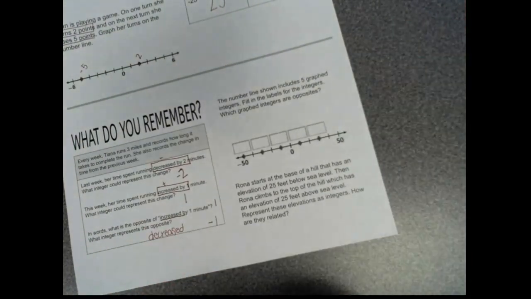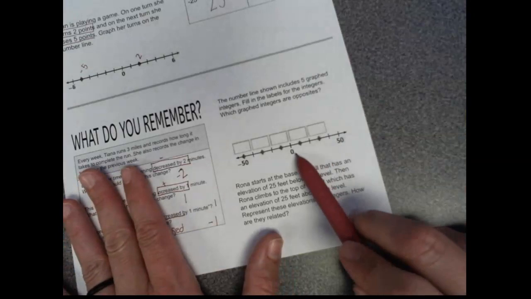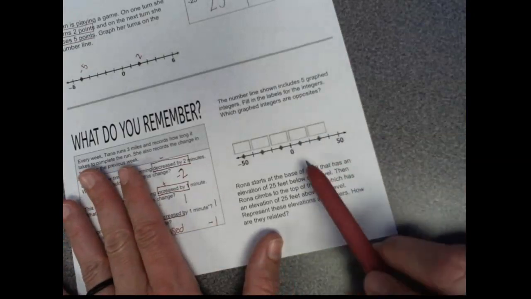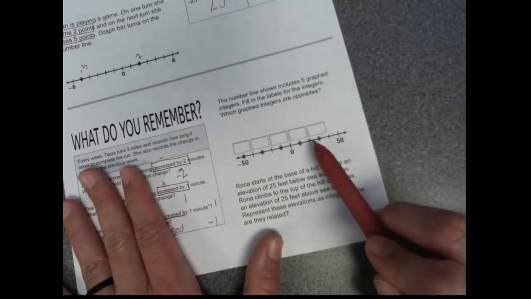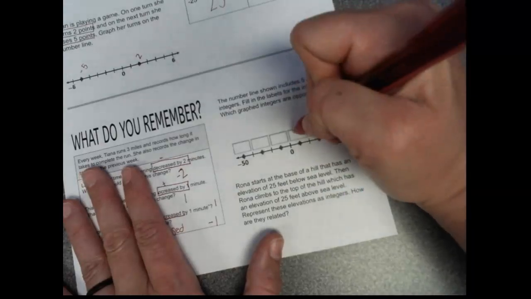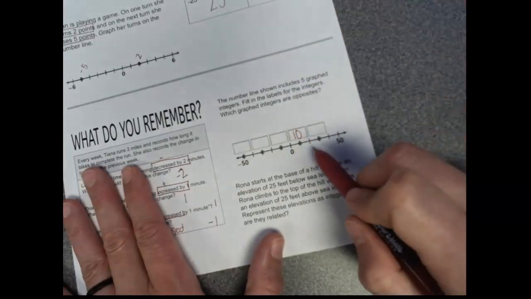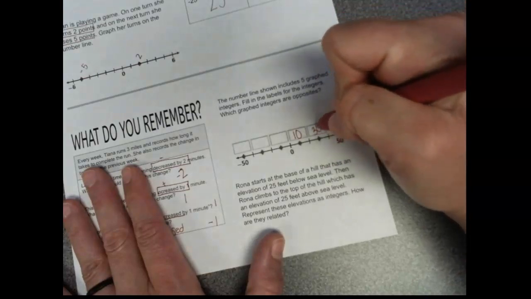And our last section right over here. The number line shown includes 5 graphed integers. Fill in the labels for the integers, which graphed integers are opposites. So there's several things they want us to do here. First, we need to figure out our tick marks. So how do I get from 0 to 50 with these? I think we're going to count by tens. So 10, 20, 30, 40, 50. So we're going to fill in the boxes. 10, 20, 30.